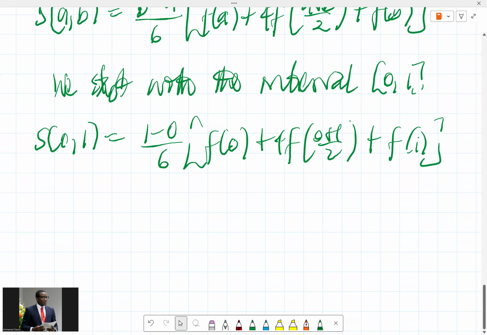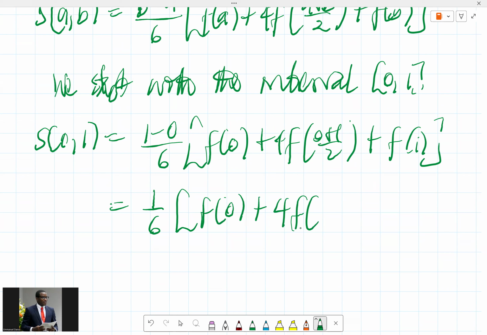So it means we need 1 over 6 into f(0) plus 4 f(0.5) plus f(1), like that.